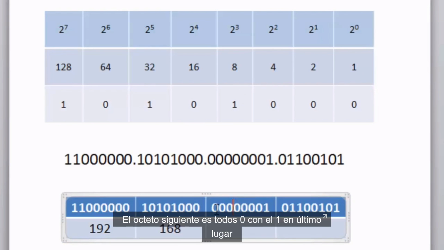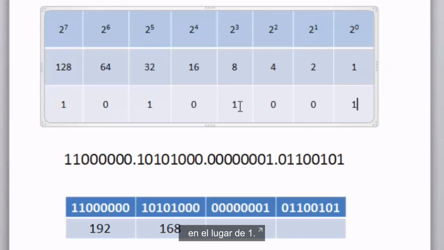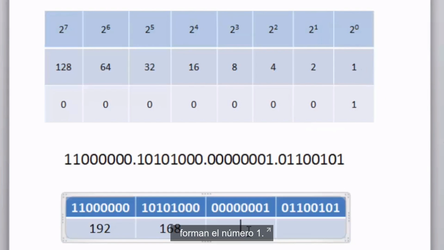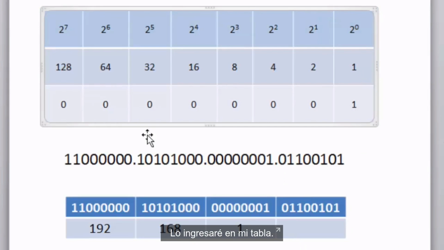The next octet is all zeros with a 1 in the last place, in the ones place. This is easy. This is the number 1. All zeros and a 1 in the ones place makes the number 1. And then finally, we have a number here. I'll plug it in here into my table.